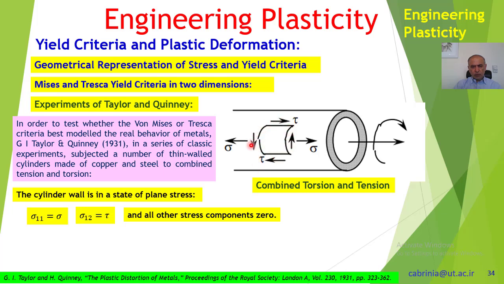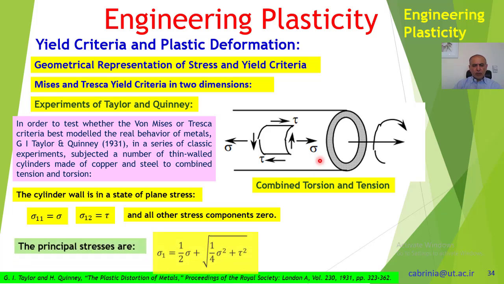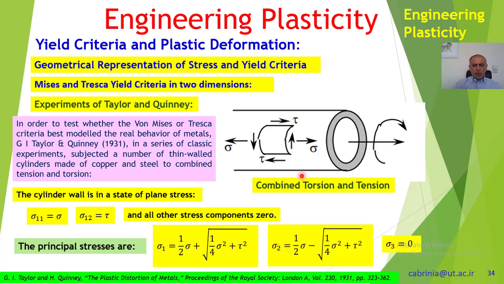So these are the only stresses applied at this element, and the principal stresses become like that. Okay, so sigma 1 is sigma/2 plus the square root of (sigma squared over 4 plus tau squared), and so on, and sigma 3 here is negligible, so we assume that it's 0.